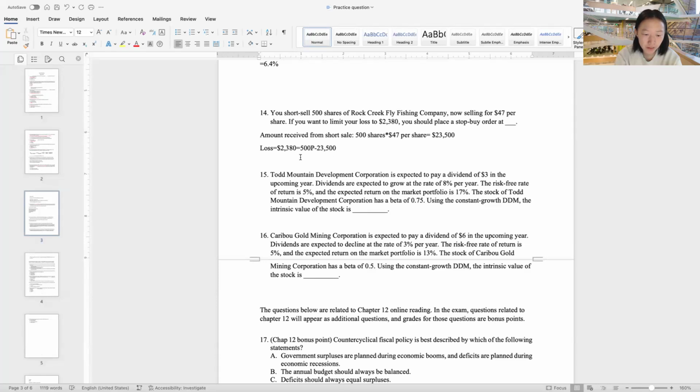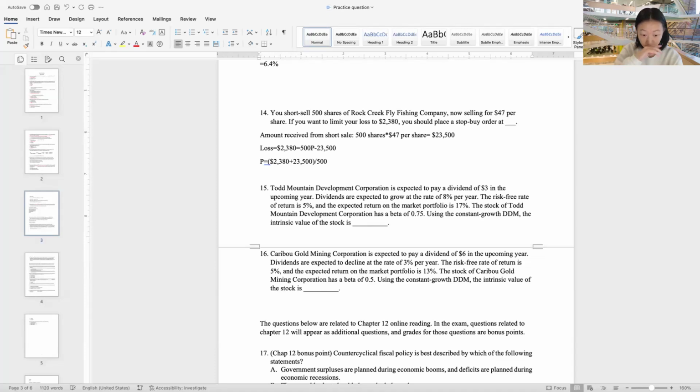So then we solve for P. That will be this plus this, divided by 500, equals P. So that's $51.76.